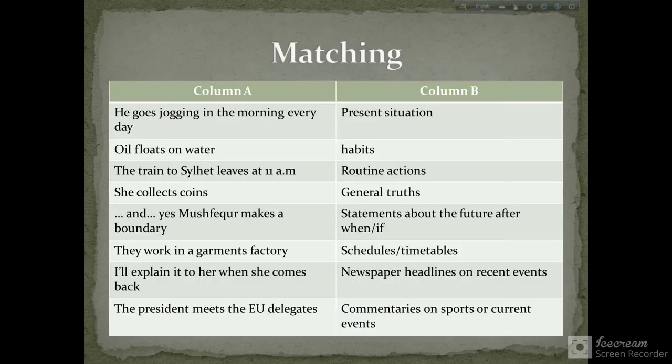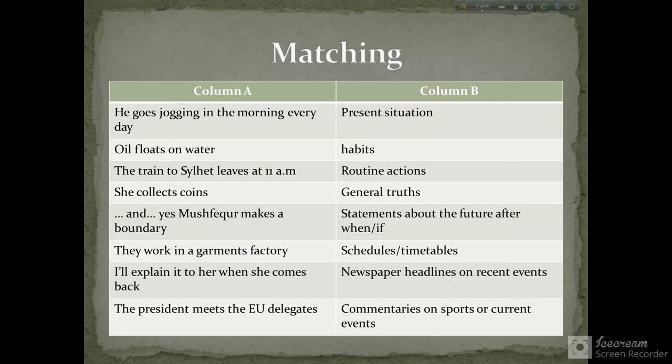And the last one, we have the matching. We have two columns here, column A and column B. Okay, so in column A we have some sentences and we'll have to match the sentences with the context, the statements.